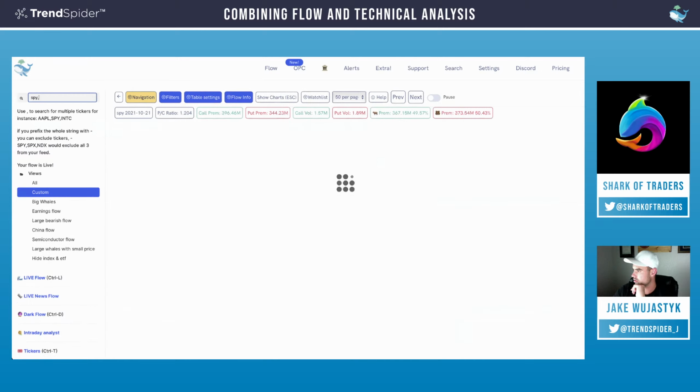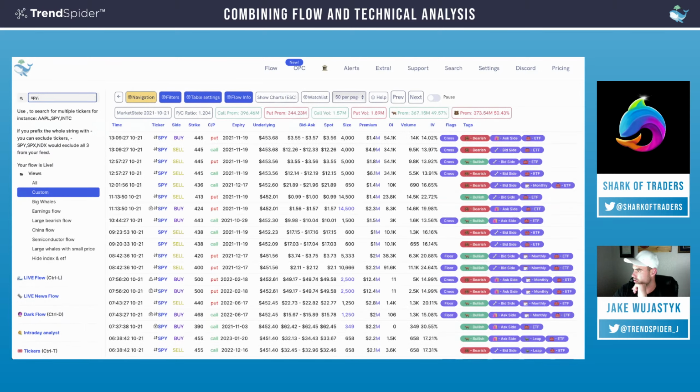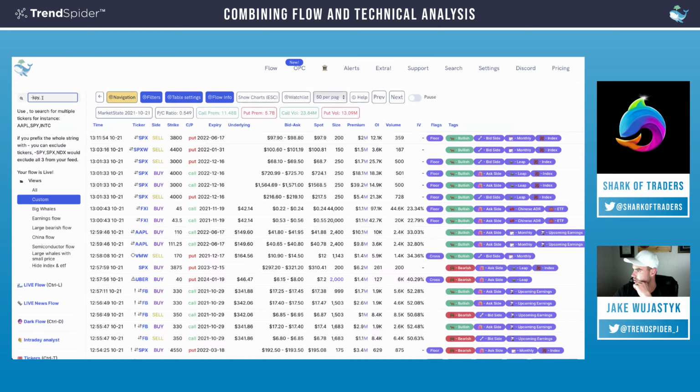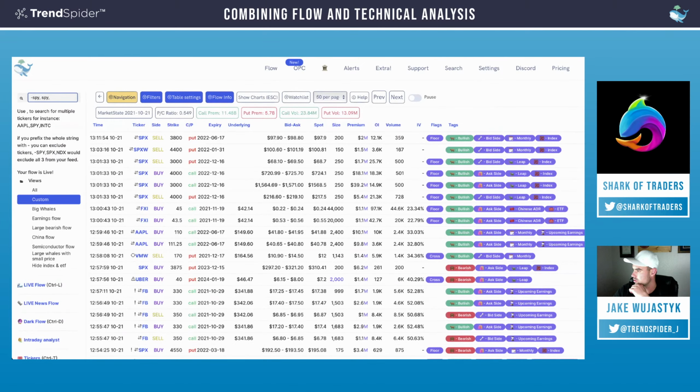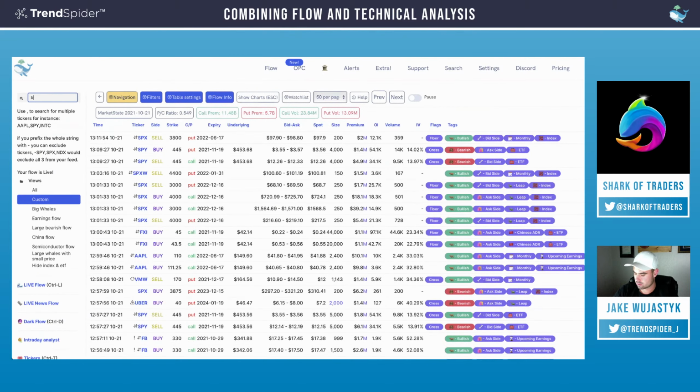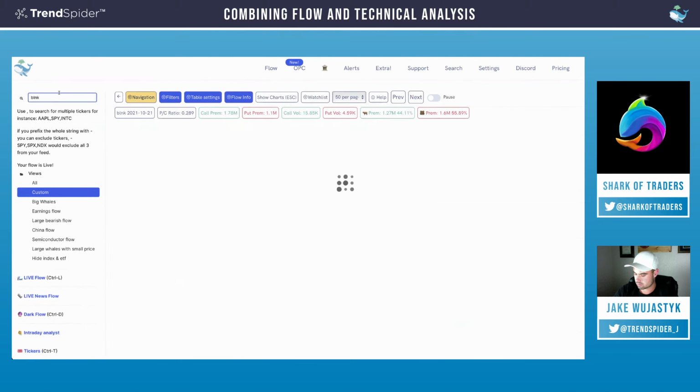If I don't want to see SPY, you actually have the minus, so you can minus it out. You can say, I don't want to see SPX, there's too much, and then keep going. On the same route, if you're looking for specific plays like BLNK, you can type in BLNK and see what the flow is.